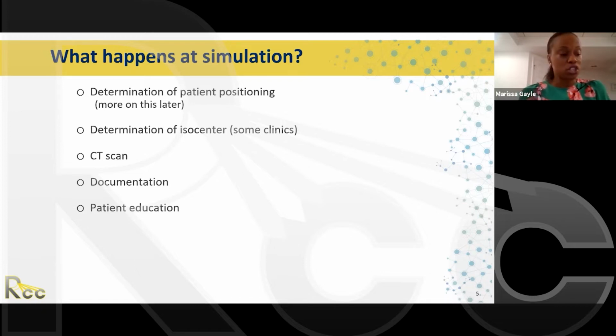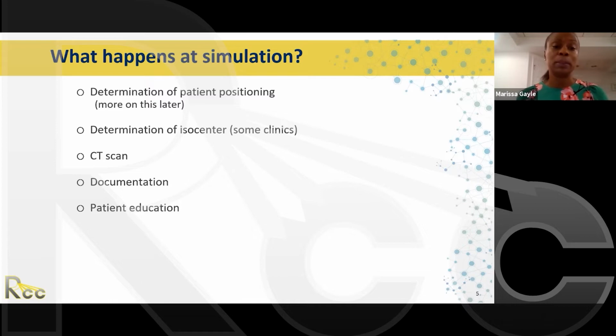The first thing that we need to know in the documentation is that we need a consent, that the patient is allowing us to do this. We also need documentation from the MD as to what he requires: what area are we treating? What kind of device would he like to use? What type of plan is he thinking of?